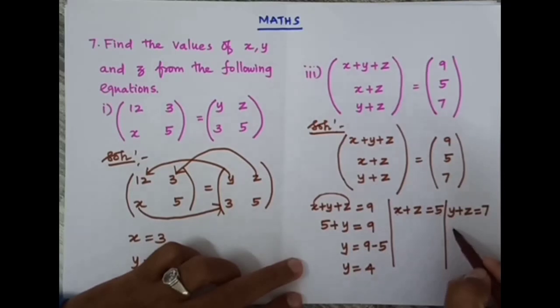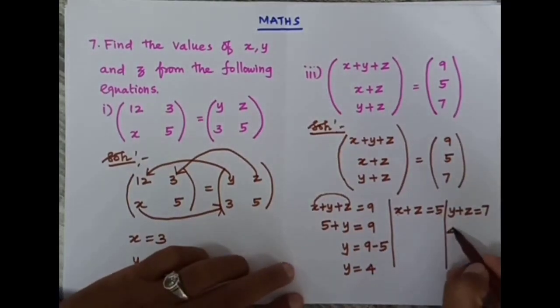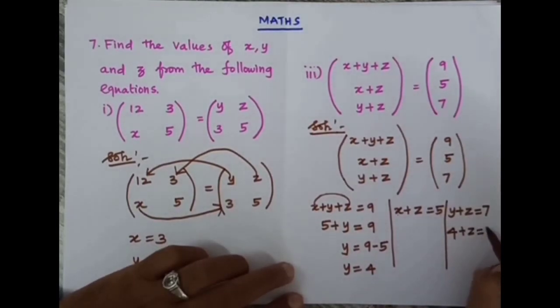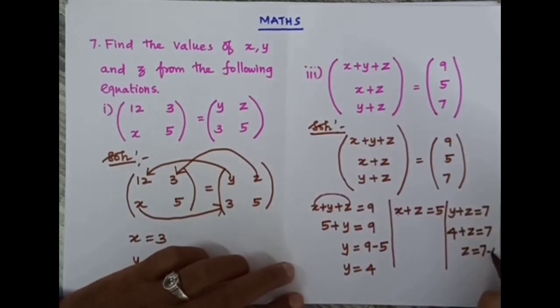So I am substituting the y value. 4 plus z is equal to 7. Z is equal to 7 minus 4. So z value is 3.